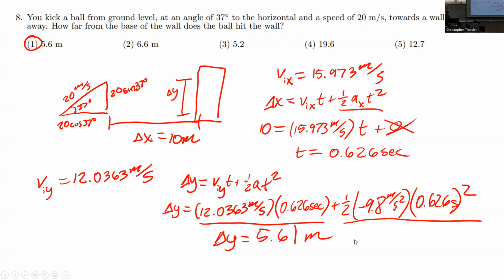If we did this problem and the ball never reached the wall, we would get a negative answer, I think, because it would go up and make the parabola and then it would be as if it hit the ground before, but we don't know the ground exists in the math. So it'd be as if it's going underground. So that's how you know the ball doesn't hit the wall if you get a negative answer. In which case, this change of x would just be straight up wrong. You'd probably get a different question like, what is the change of x if you just throw a ball? And that's what I could see happening.